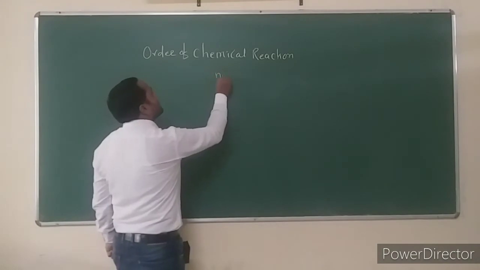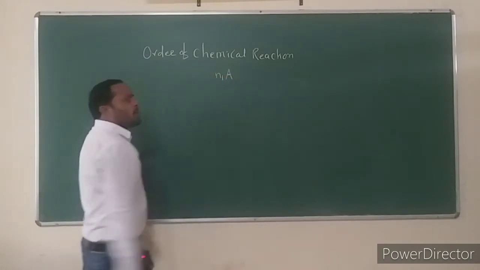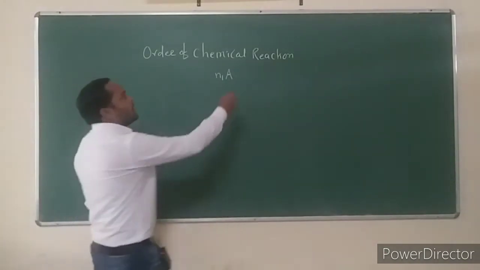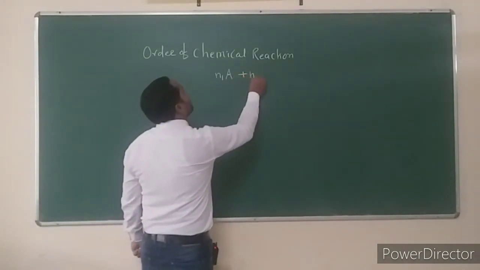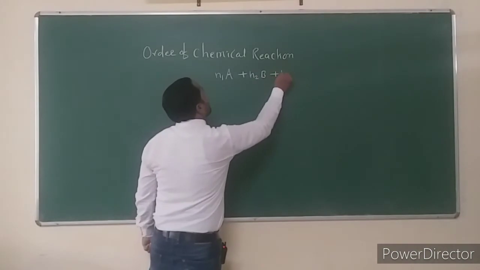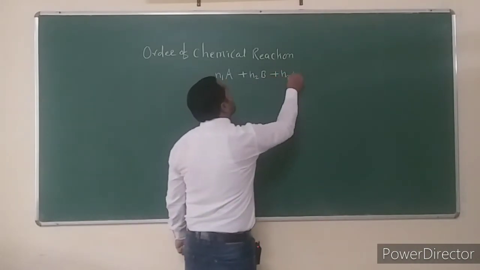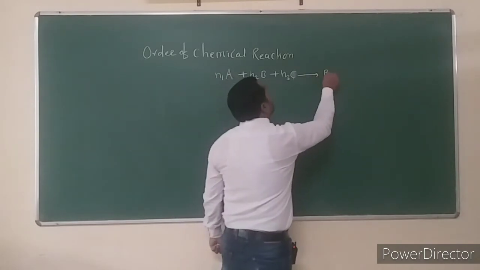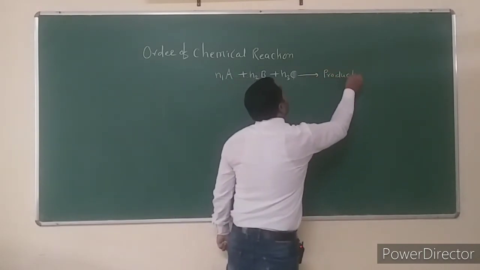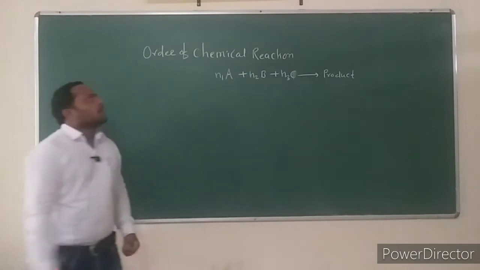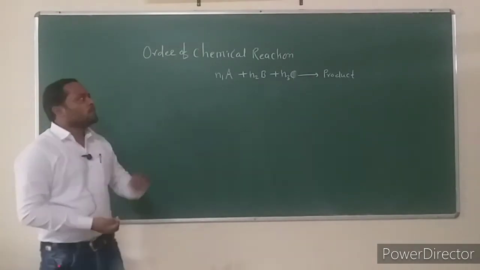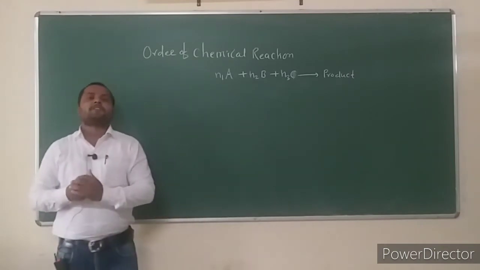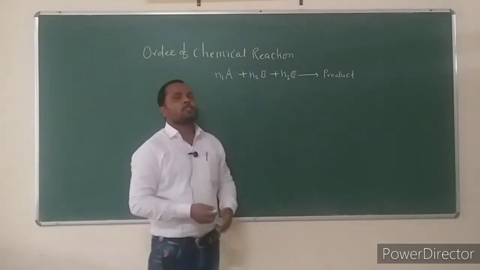Consider this chemical reaction: n1 moles of reactant A, n2 moles of reactant B and n3 moles of reactant C react to give the product.